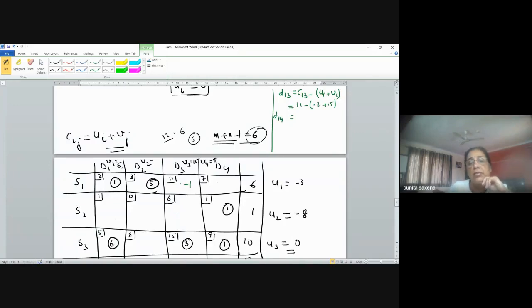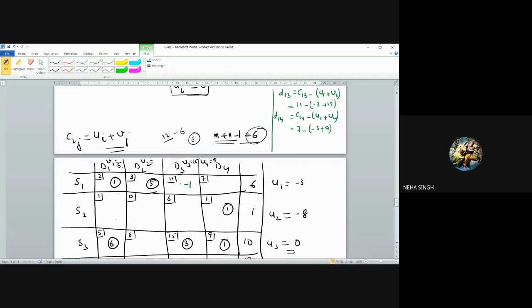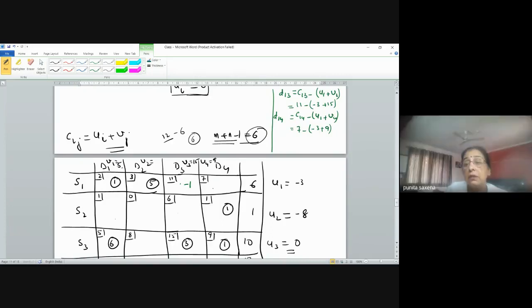D14. Next one, yeah, na? What will be that? C14 minus U1 plus V4. That means what? 7 minus minus 3 plus 9. Okay? How much is that? 1. Yes, ma'am.